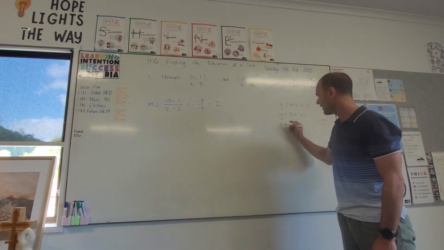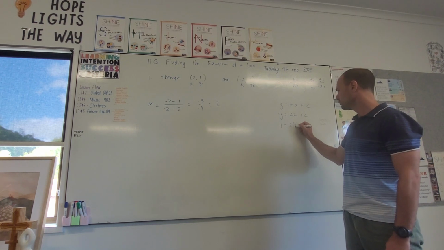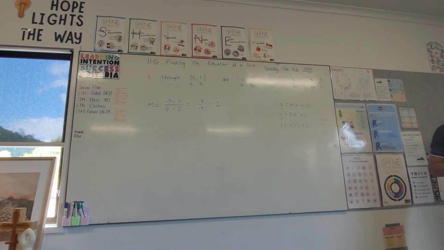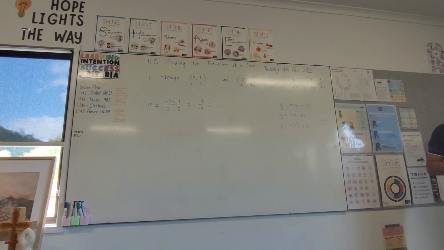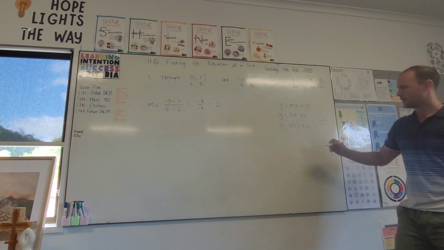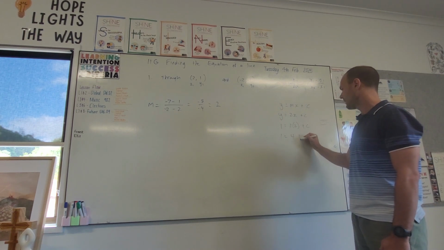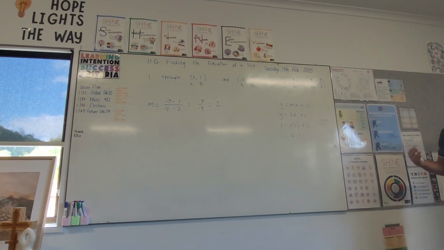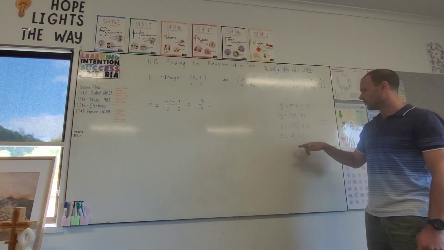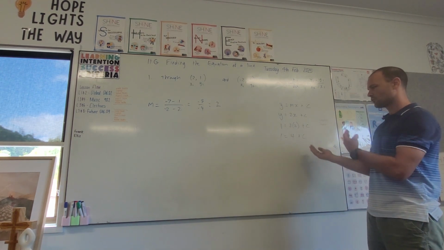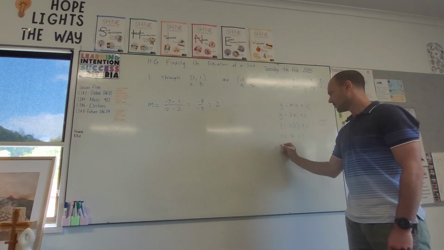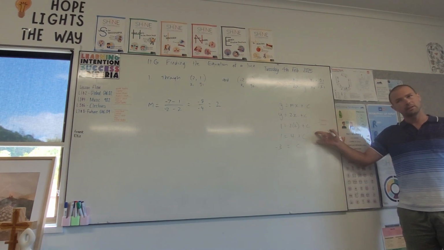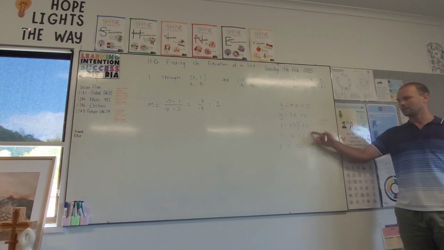So I'm going to put 1 where the y is, and 2 where the x is, plus c. Evaluate this a little bit more, and we're solving for c. C is an unknown, it's the y-intercept. The way we get c by itself here is we're going to subtract 4 from both sides, and we'll have minus 3 equals c.